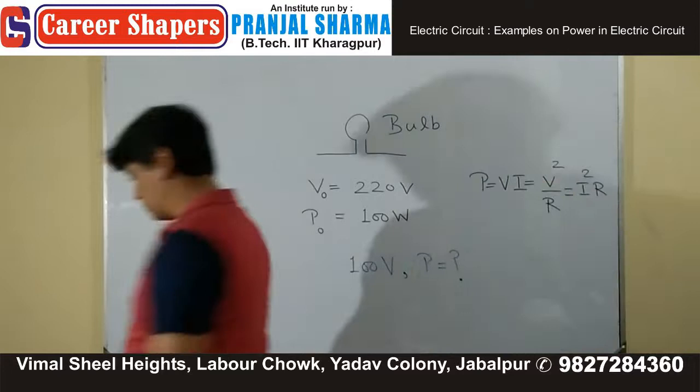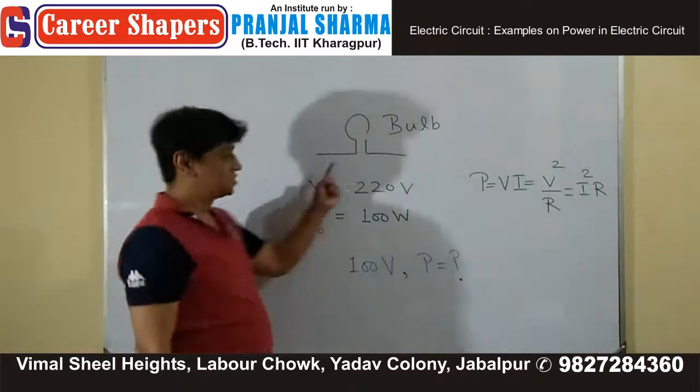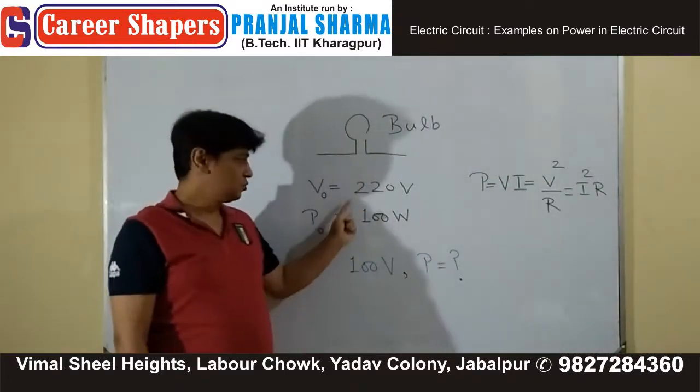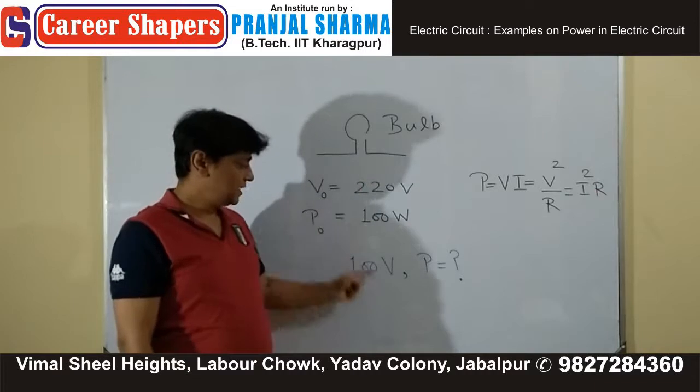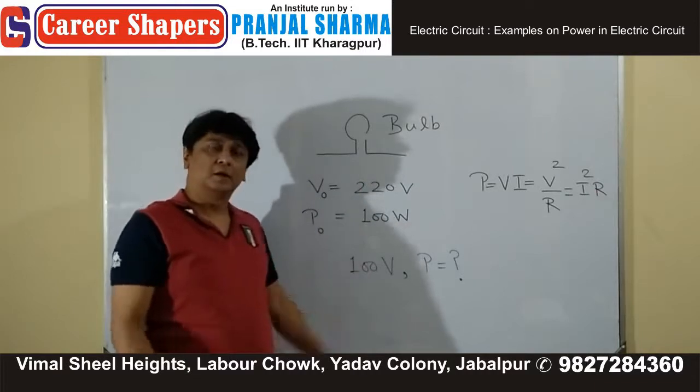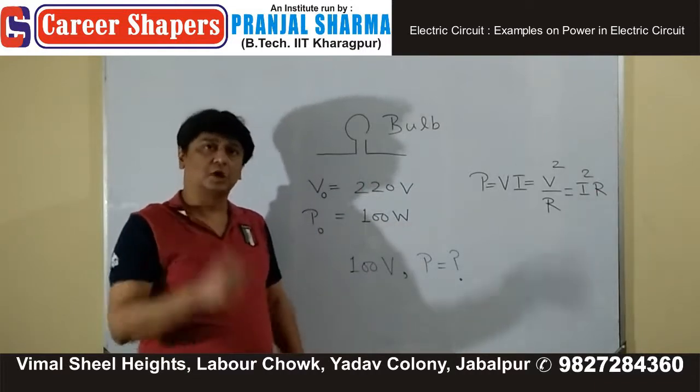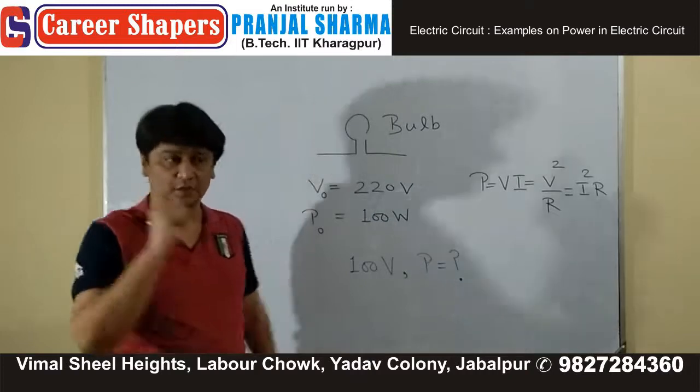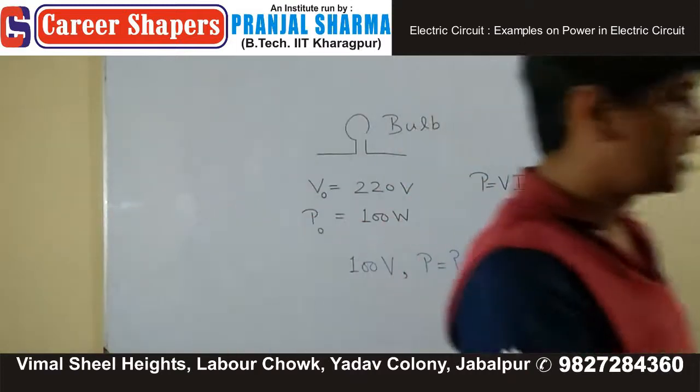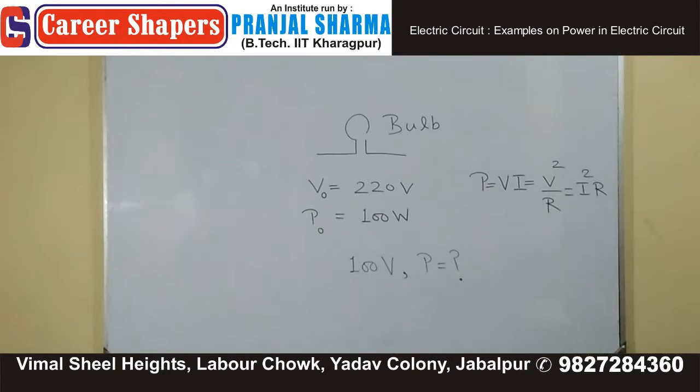So when you connect this bulb to a different voltage supply, what is that which is not going to change? Answer this first in the comment box. What do you think? Resistance, current, potential difference. Which one will remain same?